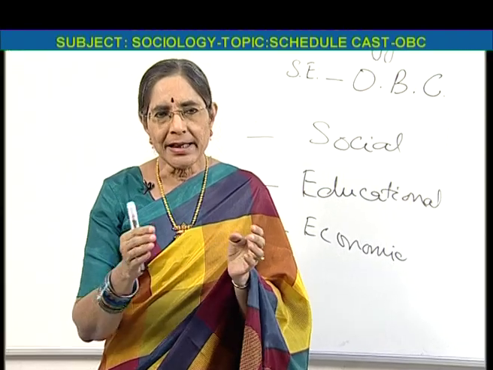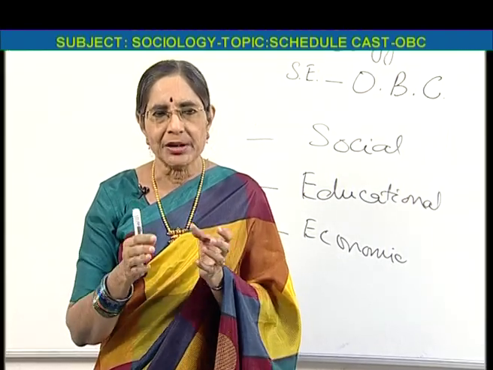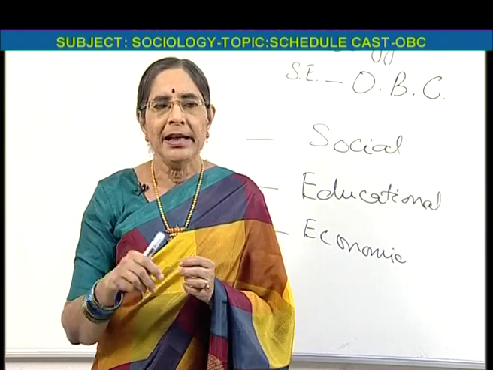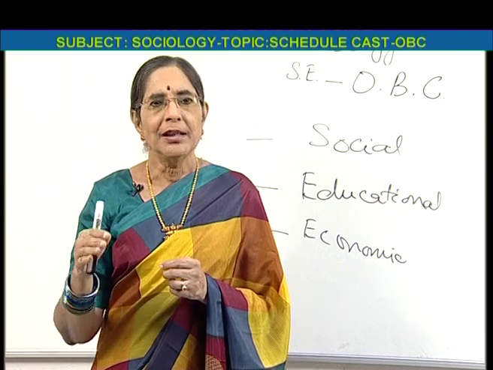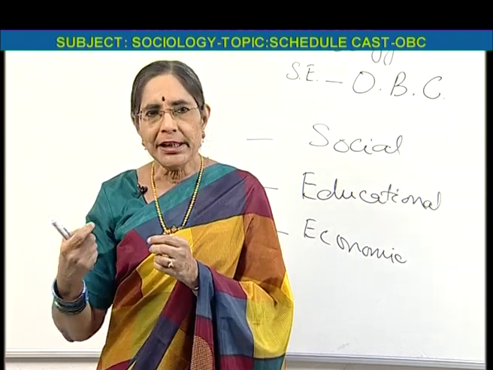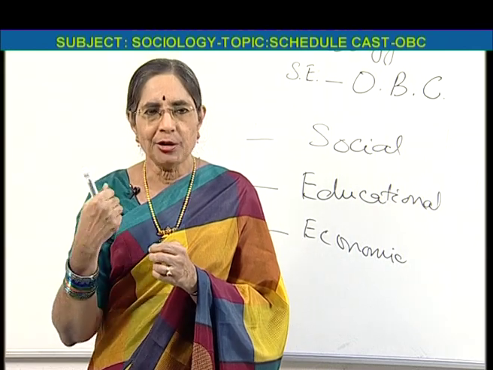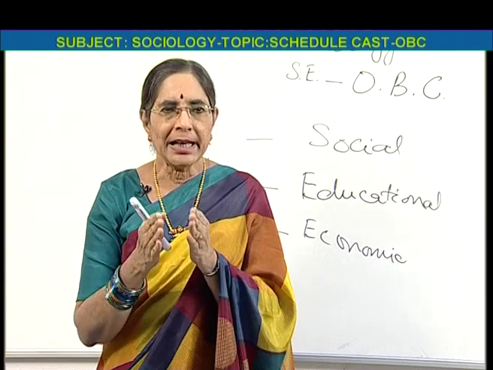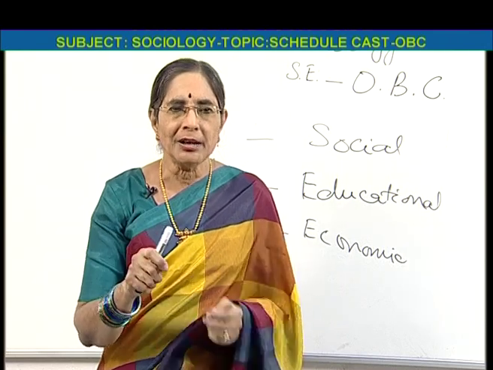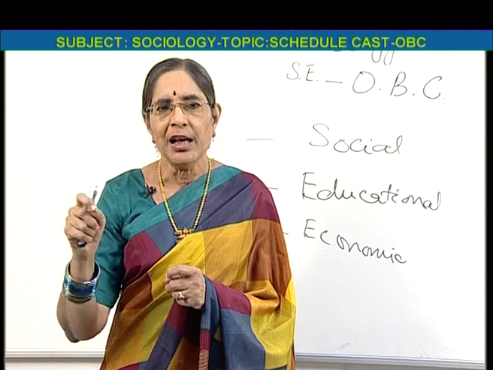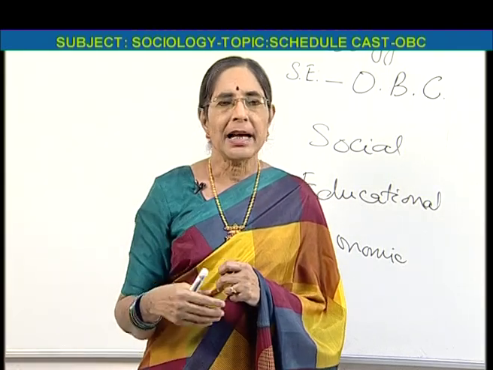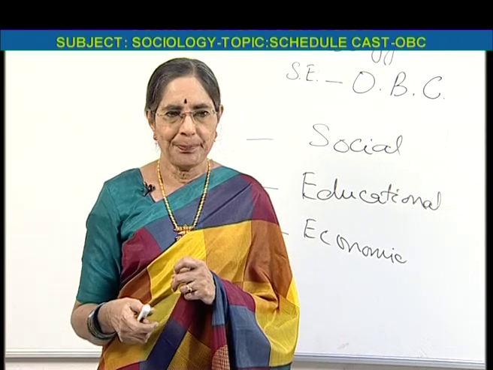Not only that, all these criteria and sub-criteria have some weightage points, and altogether some 22 criteria are taken into consideration. If 11 points, that is 50%, show backwardness, then that particular community will be considered as backward classes. This rule is recommended by the Mandal Commission.